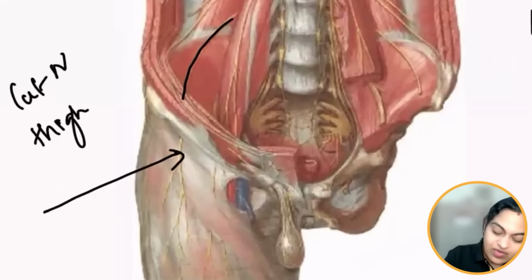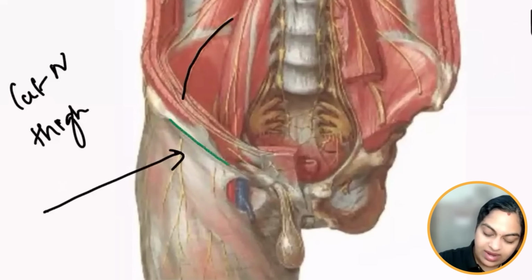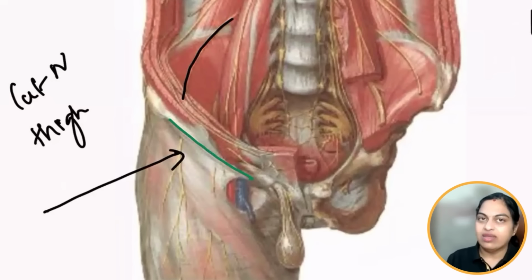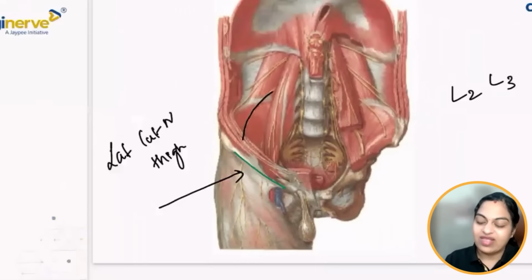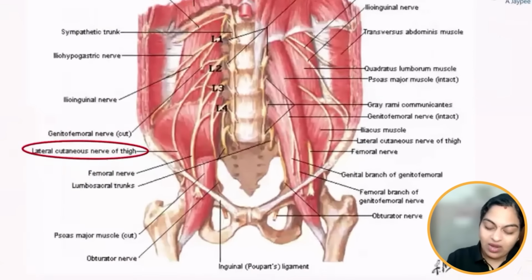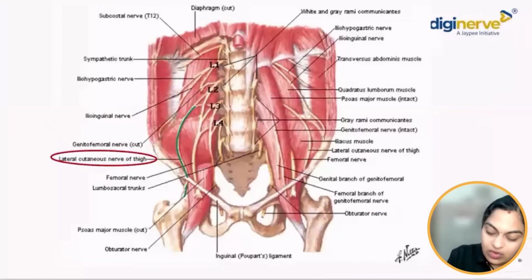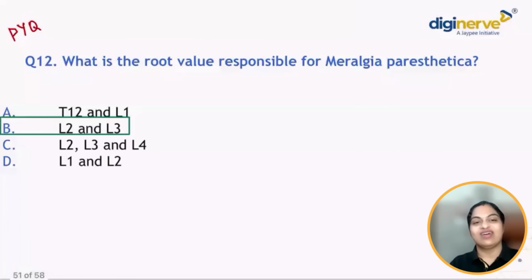As you see here, this is the inguinal ligament. The lateral cutaneous nerve of thigh usually traverses below the inguinal ligament. Sometimes it can get trapped between its fibers and that will lead to pain along the lateral aspect of the thigh, which we call Meralgia paresthetica. So the root value is L2, L3, and that is the right answer.